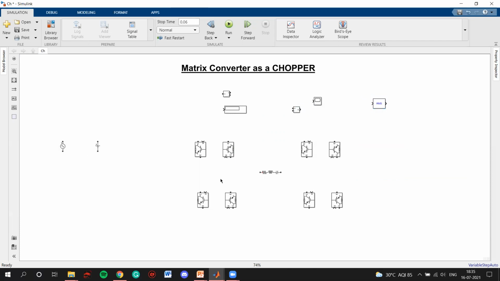Now let's connect them. Let's take one IGBT because we need to connect and disconnect our AC and DC sources. If we are using a DC source to simulate the whole circuit as a DC to DC chopper or an inverter, then we need to shut off the AC voltage source, right? So let's take this.